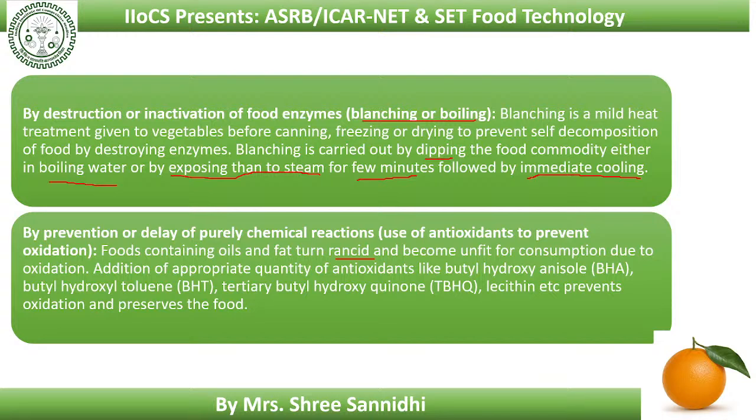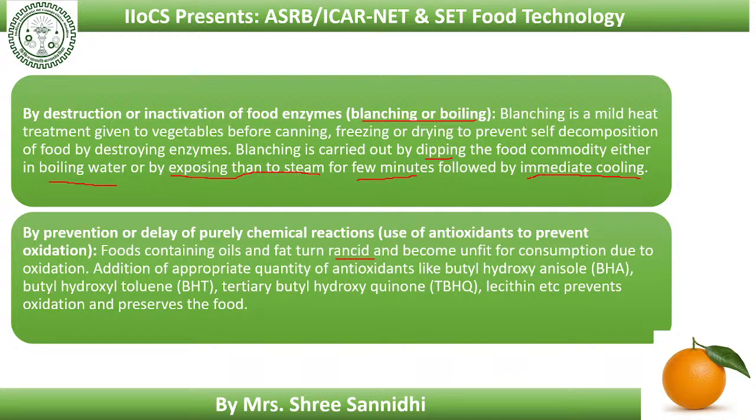Addition of appropriate quantity of antioxidants like butyl hydroxyanisole BHA, butyl hydroxytoluene BHT, tertiary butyl hydroxyquinone, that is TBHQ, lecithin, etc. are used, which can prevent the oxidation and can preserve the food.